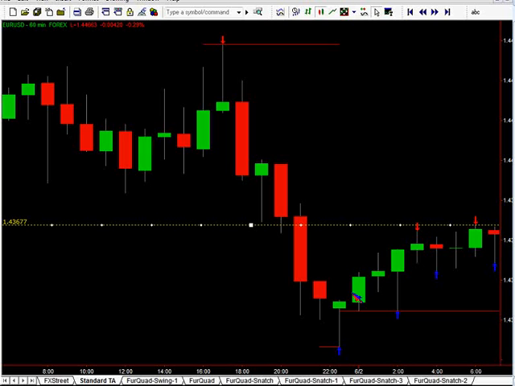So how could you do this? One way of doing this would be to say, all right, well, there's the bias change. Should price go above the highest swing high, the direction will be up. Now, what you could then do would be to drop down to a lower time frame, whatever your entry time frame preference is, and trade it like a breakout.